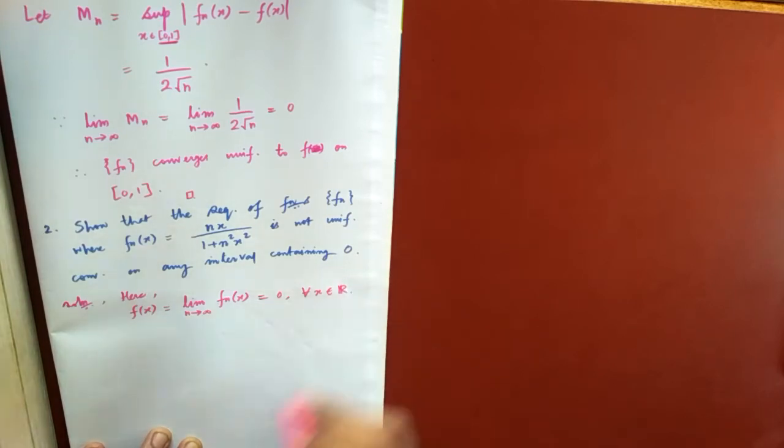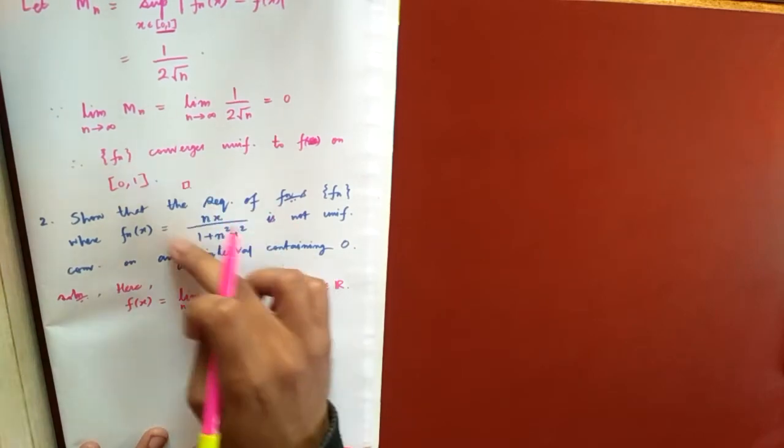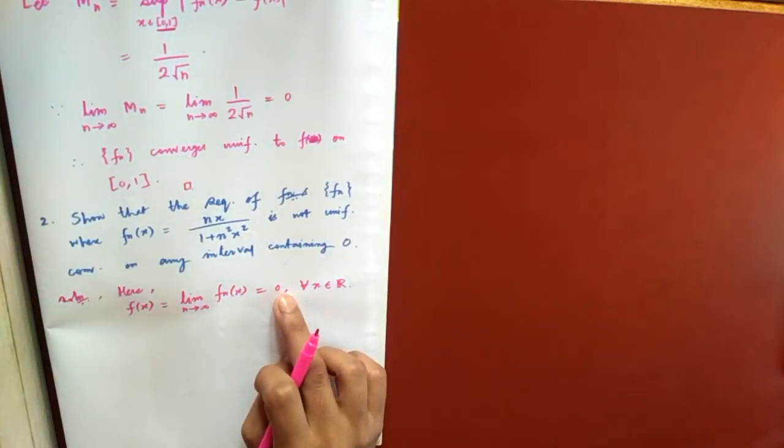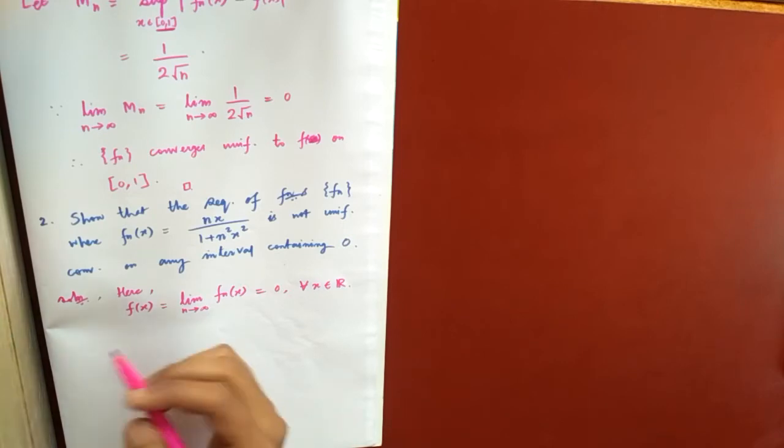Whatever x you choose from the set of real numbers, the pointwise limit is going to be 0. So this converges pointwise on R to the identically 0 function, but it will not converge uniformly on any interval containing 0. Let's see how.